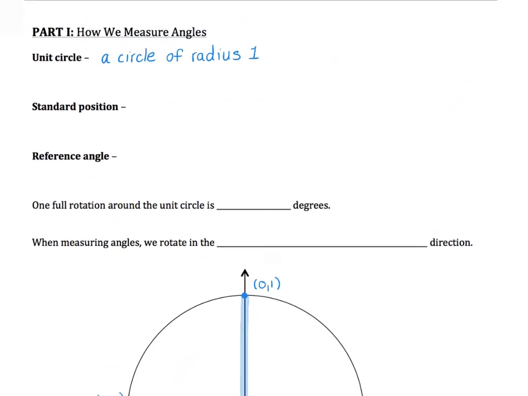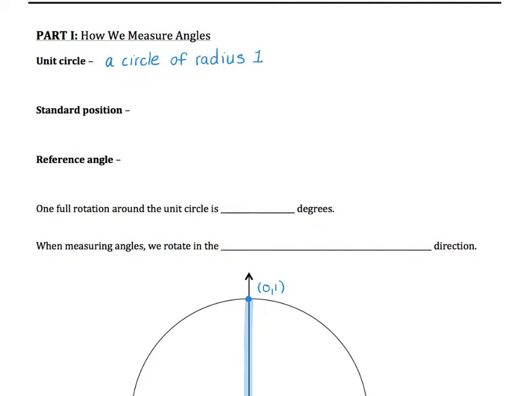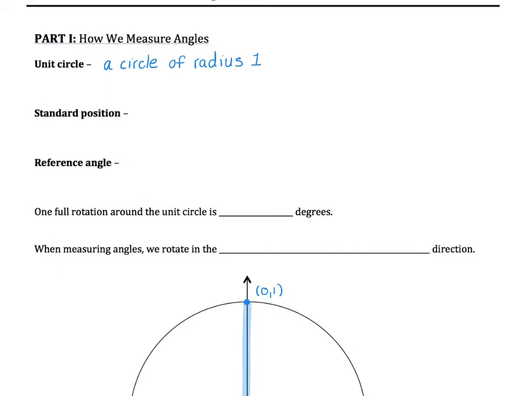All right, so whenever we measure angles, we measure from what we call standard position. So standard position means that we start on the x-axis on the positive side. Starting on the positive side of the x-axis.